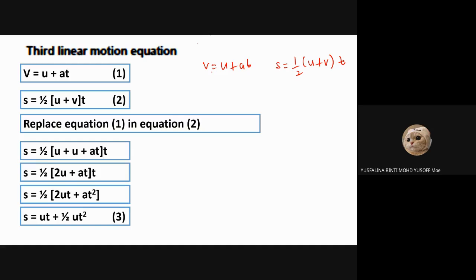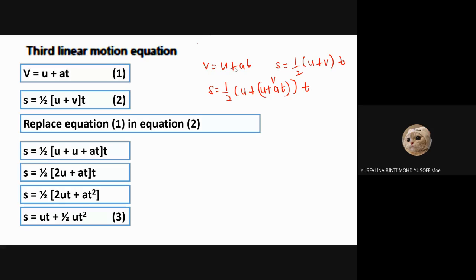Here you already know V is equal to U plus AT, so I just substitute V with U plus AT here. So S is half of U plus, V which is U plus AT, and then multiplied by T. Until now, are you clear?